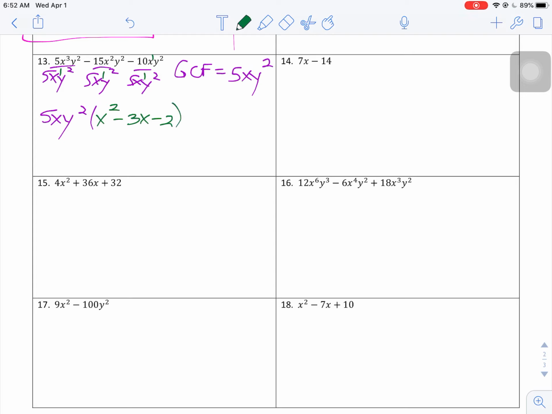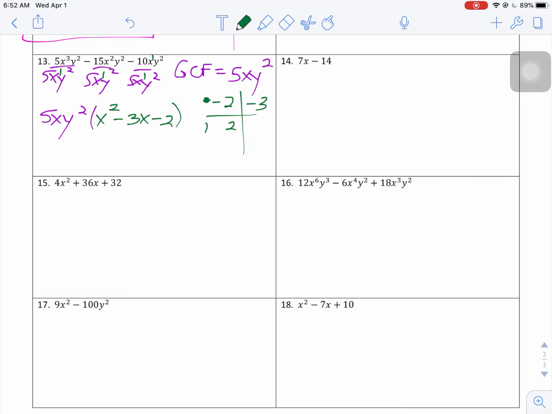Looking at my leftovers in green, basic trinomial. So I want to multiply to negative 2 and then add to negative 3. So let's see here.